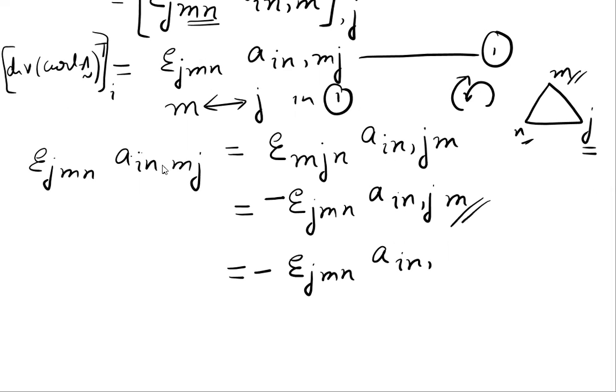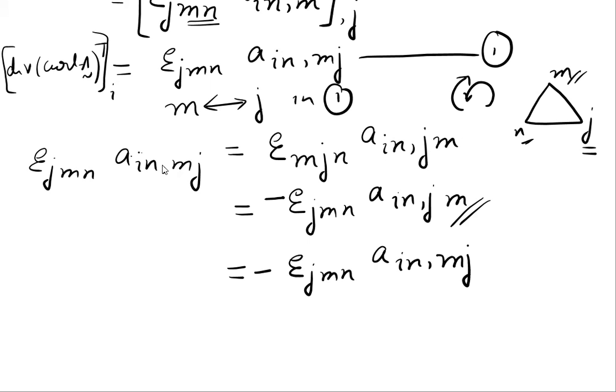That is first differentiation with respect to j, then differentiation with respect to m. Now these two I can change the order. First I can do differentiation with respect to m, and then with respect to j. Both are the same. So I've just interchanged jm to mj because it is after the comma.